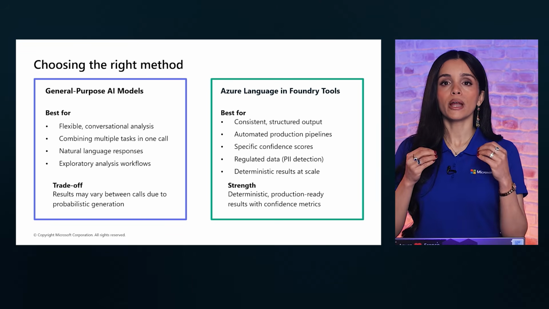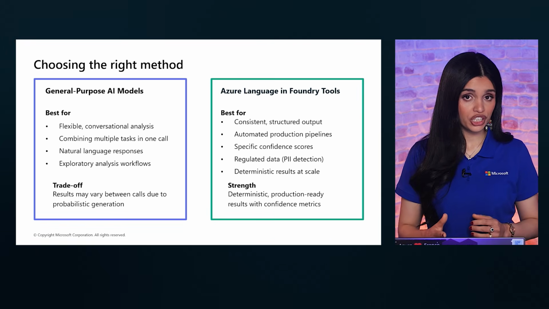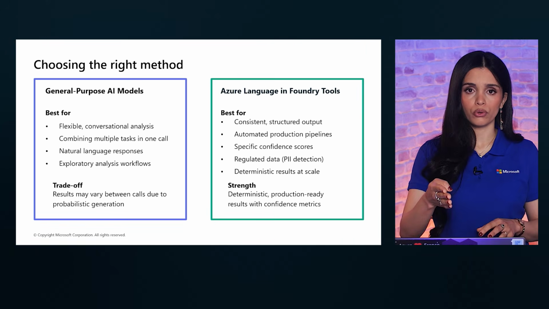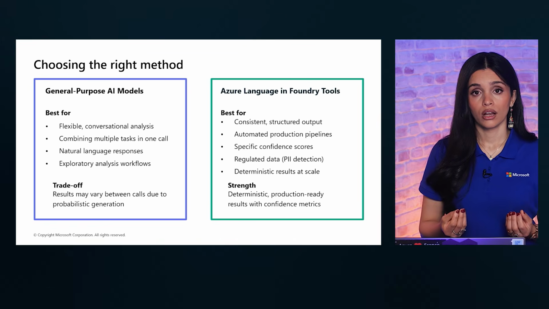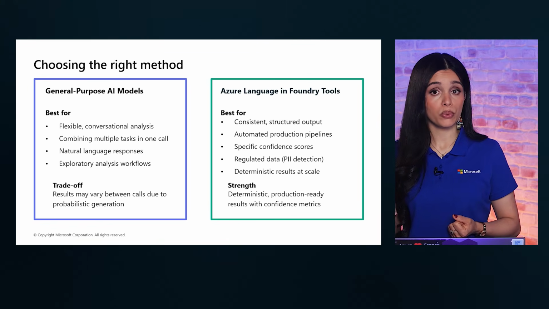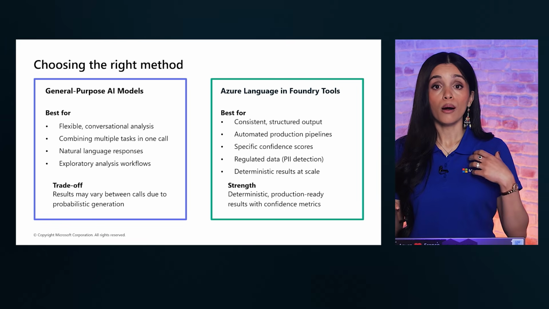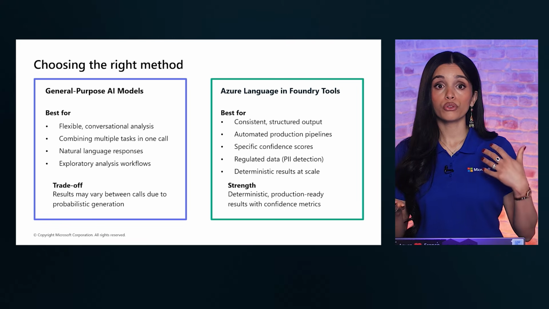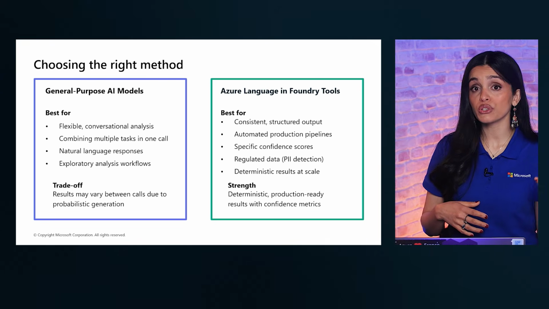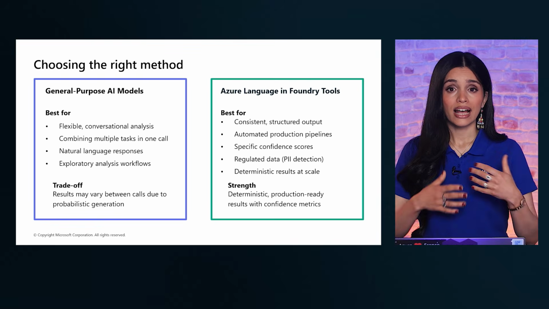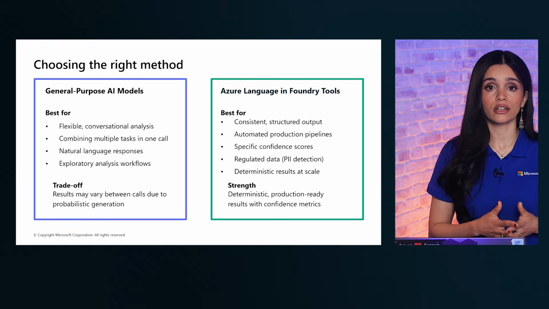This leads to an important takeaway. Foundry doesn't force you into one approach. The Foundry portal gives you access to both. On one side, you have general-purpose AI models that handle broad language tasks through natural language prompts. On the other hand, you have purpose-built Azure Language Tools that return structured, deterministic results.